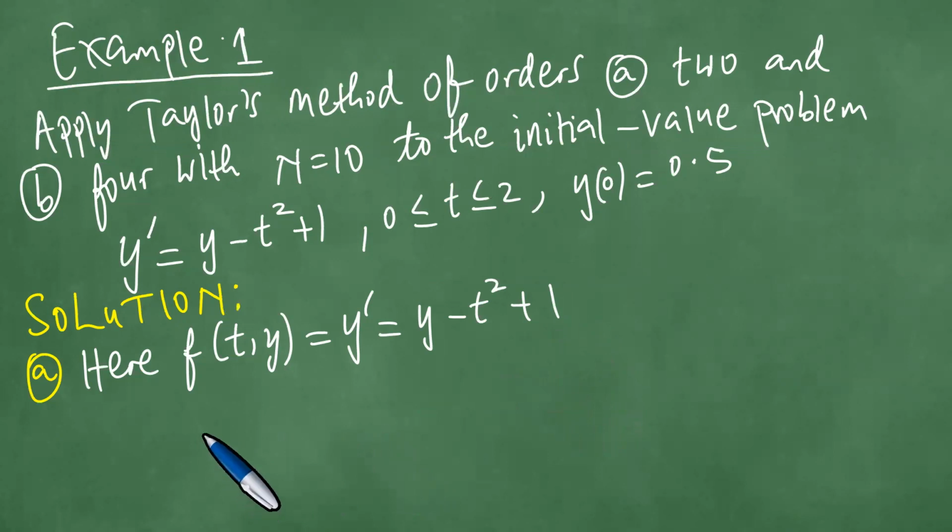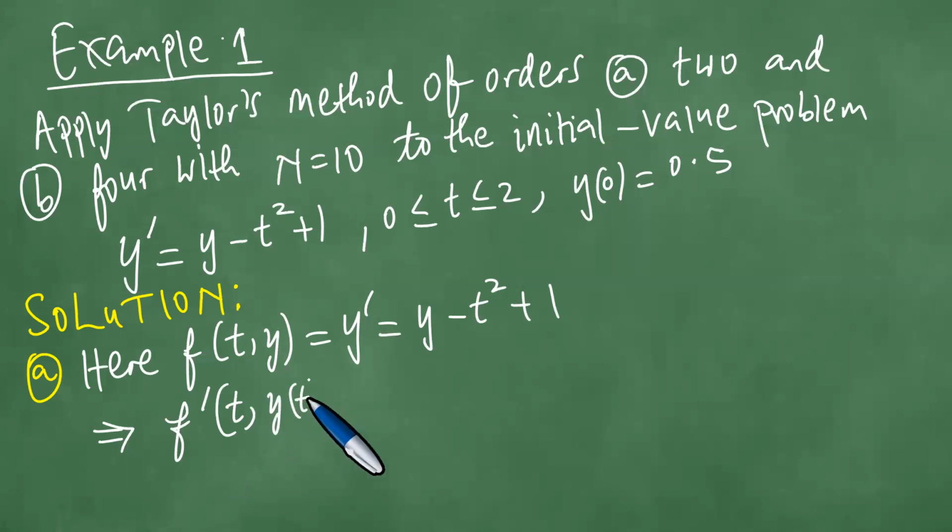And now we obtain f primed. We differentiate f to get f primed, but it is f primed of t and y of t, which is d/dt. So if we differentiate this one, we get t and y of t, like so.